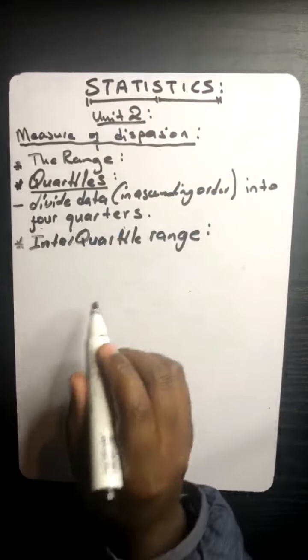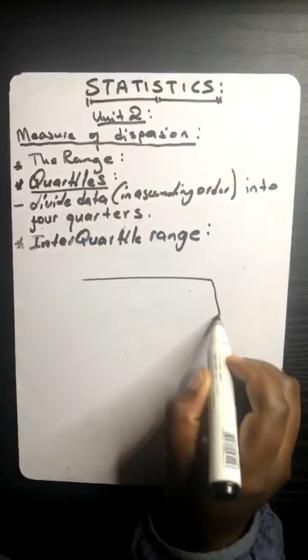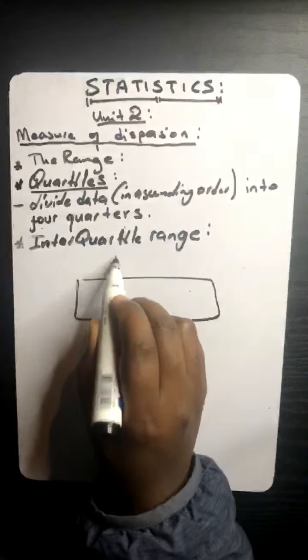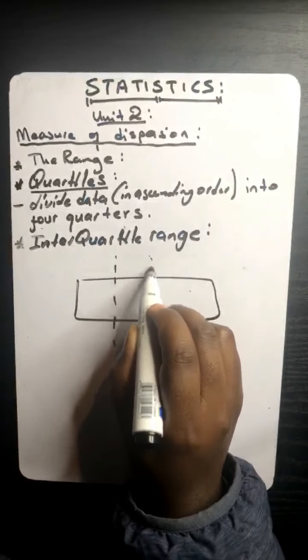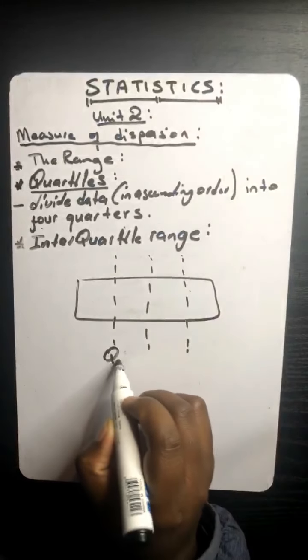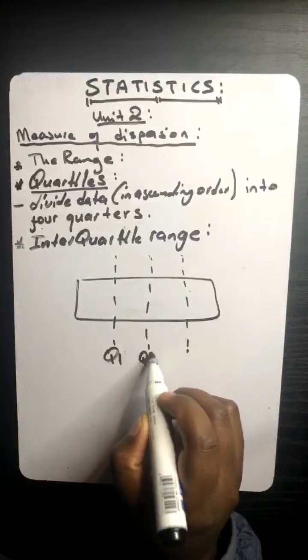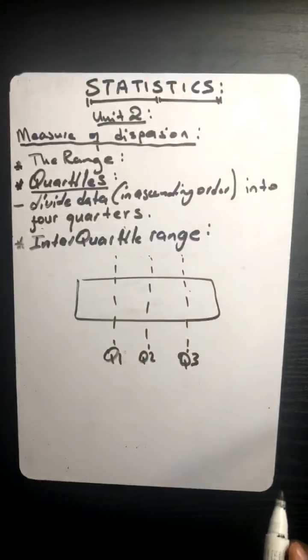Okay, maybe let me do this. Let's bring our loaf of bread, and say we have our 3 quartiles there. We have our Q1, we have our Q2, we have our Q3. Interquartile range.